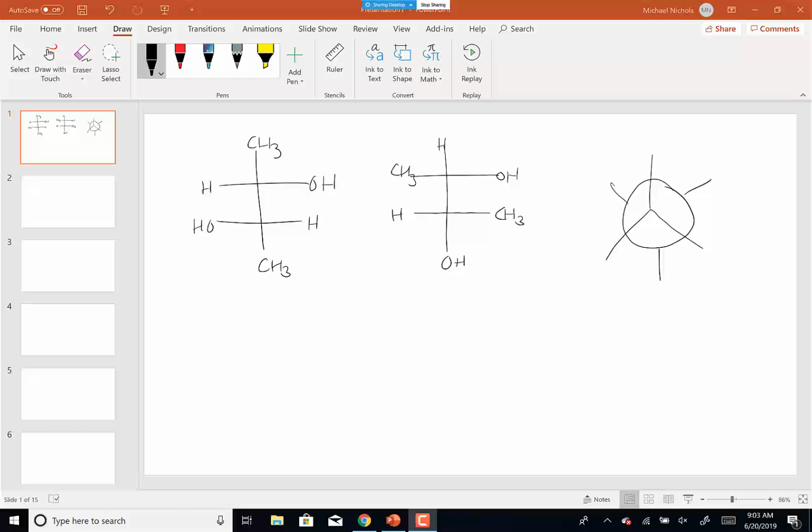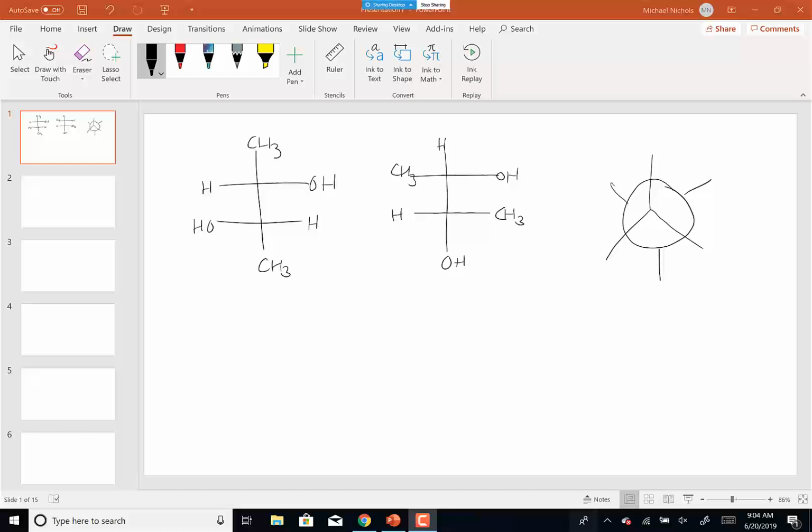Because if it's the same meso compound, you might think it's an enantiomer if you were to do the R and S configurations, because this is where R and S breaks down. You might get that one is RR and the other is SS, but if you don't actually check to see if it's meso, you're going to say, oh, those are enantiomers, when in fact they're not. They're the same meso compound.